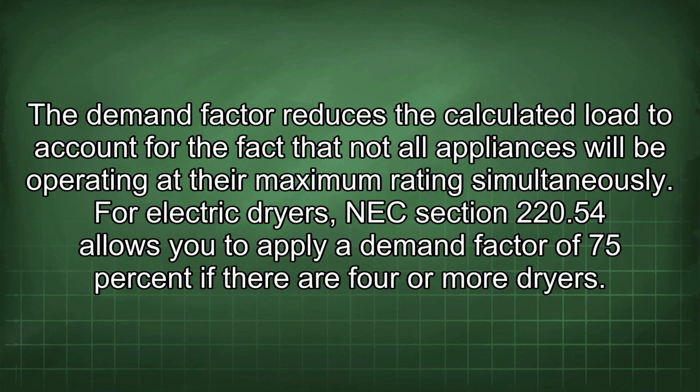The demand factor reduces the calculated load to account for the fact that not all appliances will be operating at their maximum rating simultaneously. For electric dryers, NEC section 220.54 allows you to apply a demand factor of 75% if there are 4 or more dryers.